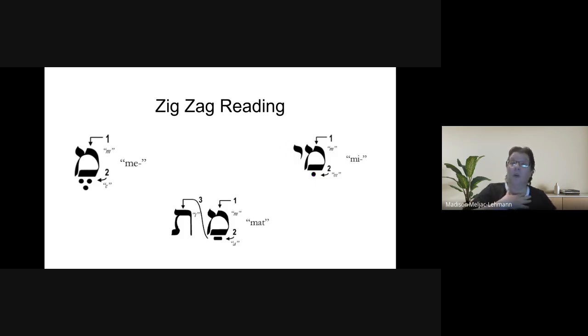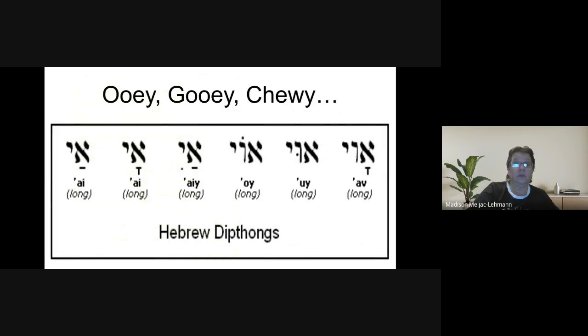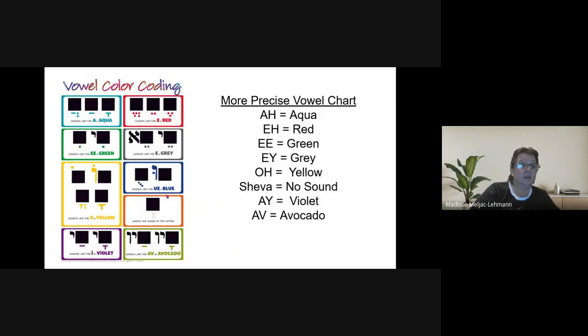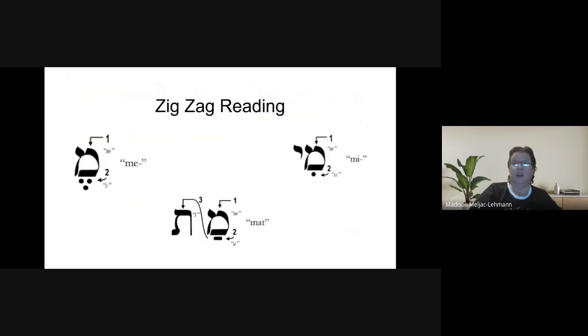Do we have a vowel that has a dot and a yod? Okay. Well, we do, don't we? We have a vowel that has a dot and a yod. It's in green, so it makes the E sound. That's how these charts work. If you don't know the vowel, you go back to the chart and you look. So we know that's an E, right? So now when we're doing our thing, we know we have me right here. That's our zigzag reading, okay?